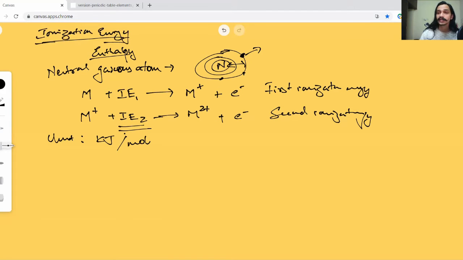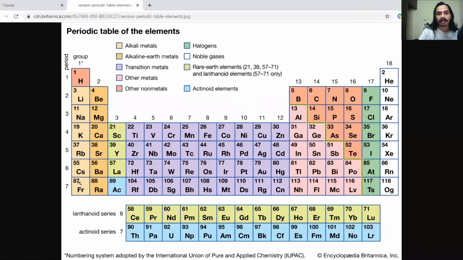Now, how does this ionization energy vary in the periodic table? When we look down a group and across a period, how does it change? If I look down a group, I'll go to the periodic table again. While I go down, we know one thing, that generally the atomic size is increasing.